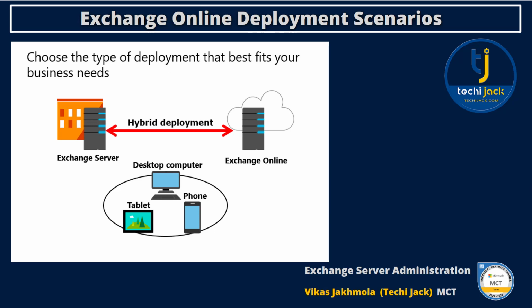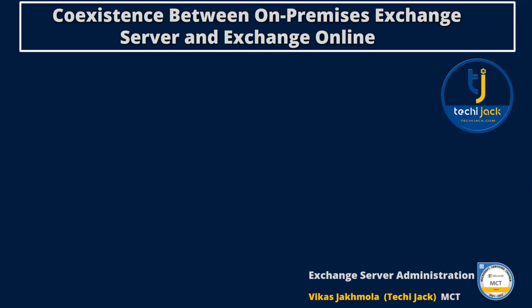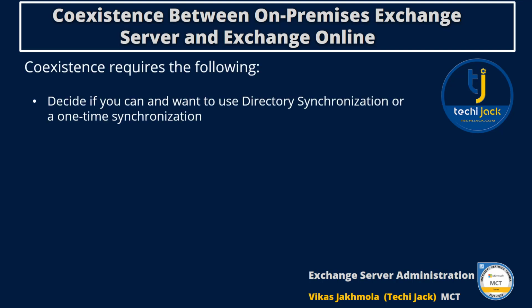Let's also see the coexistence between on-premises Exchange Server and Exchange Online. One of the big advantages of Exchange Online is that it can closely integrate with your on-premises Exchange organization. But this coexistence includes a few requirements that you need to consider. Decide if you can and want to use directory synchronization or a one-time synchronization.